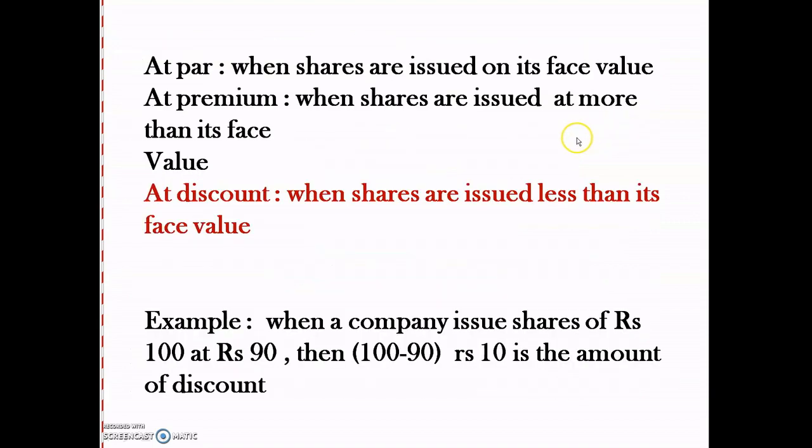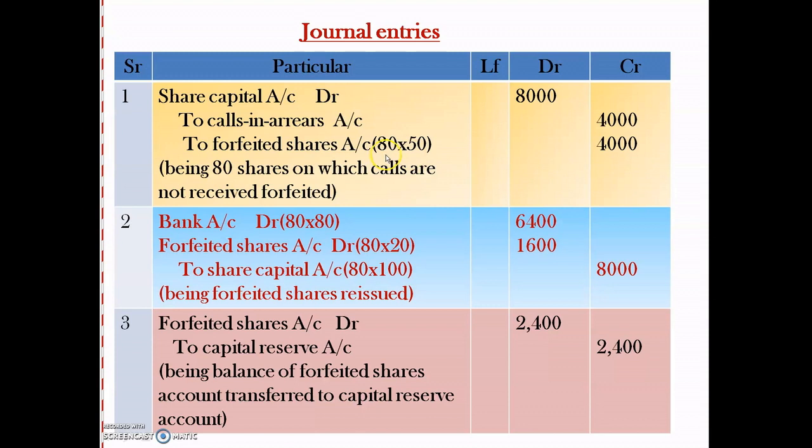Here 80 forfeited shares multiply with how much received. So application plus allotment, that is 50, multiply both, it will come 4000, and add these both, it will come 8000 in debit column, that is share capital account, in debit column, that is 8000. Okay, being 80 shares on which calls are not received, that is forfeited.